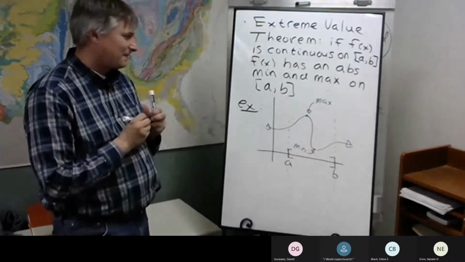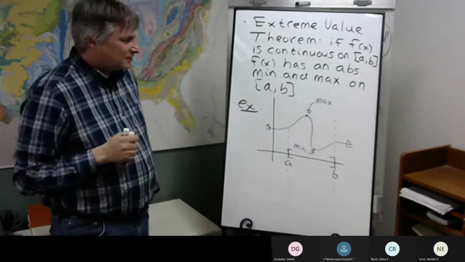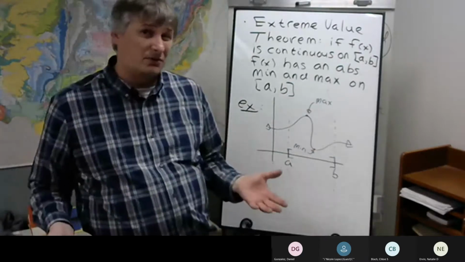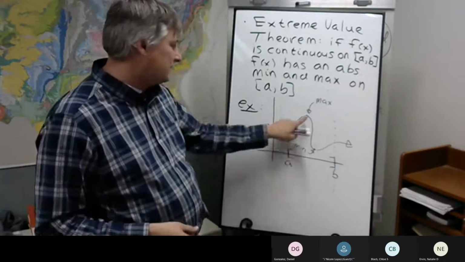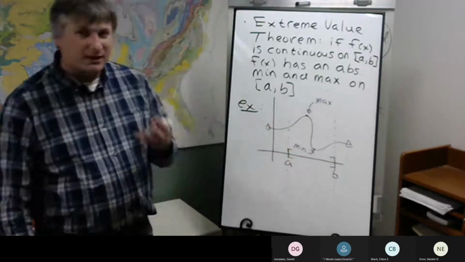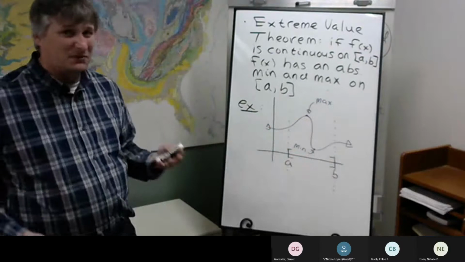So there we go. Well, you can have this on the open interval too. This could have been a local max and a local min if these were open. But here's where the difference is going to come up.